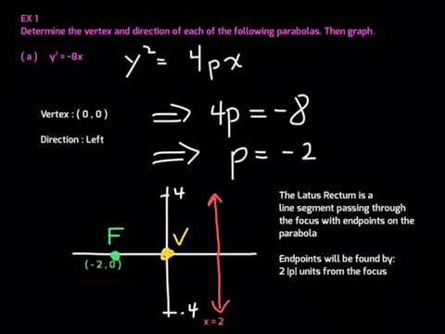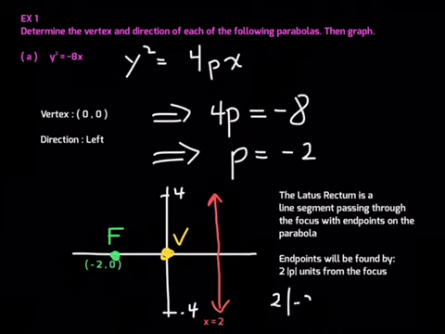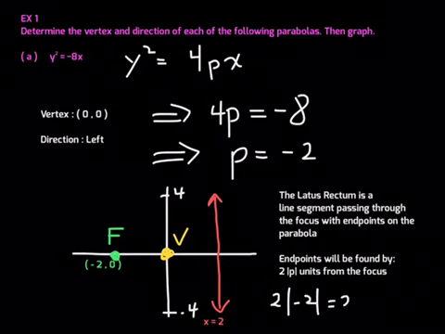Now, the endpoints will always be found by going 2 times the absolute value of p units from the focus. So let me show you how I actually figure that out. So it's 2 times the absolute value of negative 2, which is equal to 2 times 2. The absolute value of negative 2 is just 2. So 4.